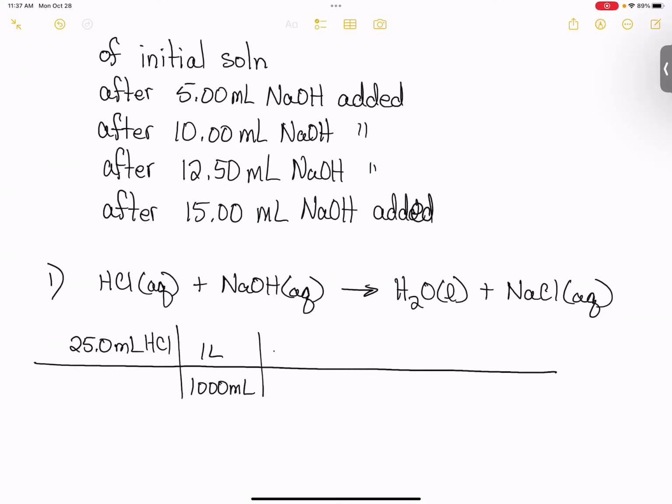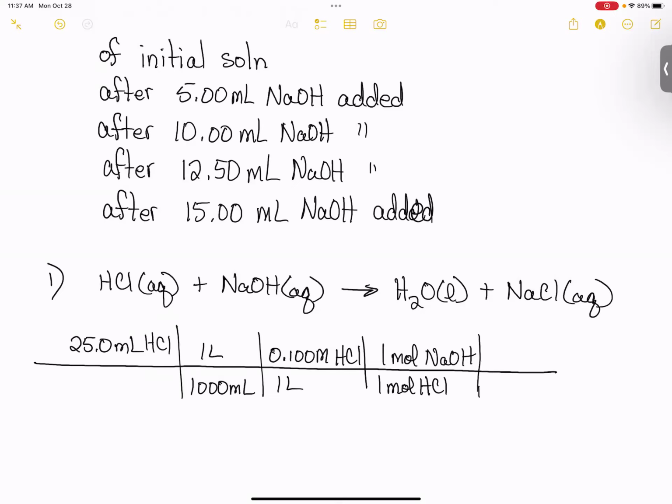The HCl was 0.100 molar. According to the balanced chemical equation, for every 1 mole of HCl that reacts, you will need 1 mole of NaOH.